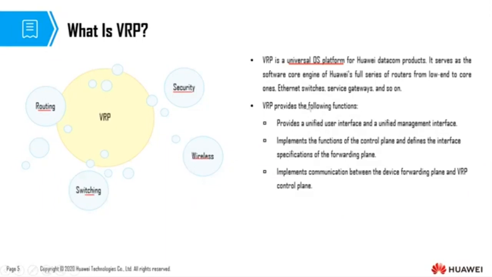These are some of the functions that VRP will provide. One of them is to provide you a user interface that you'll use to configure the device, and also what we call a unified management interface.